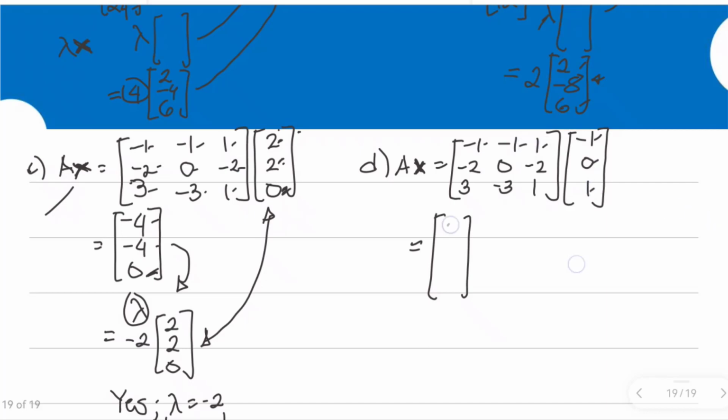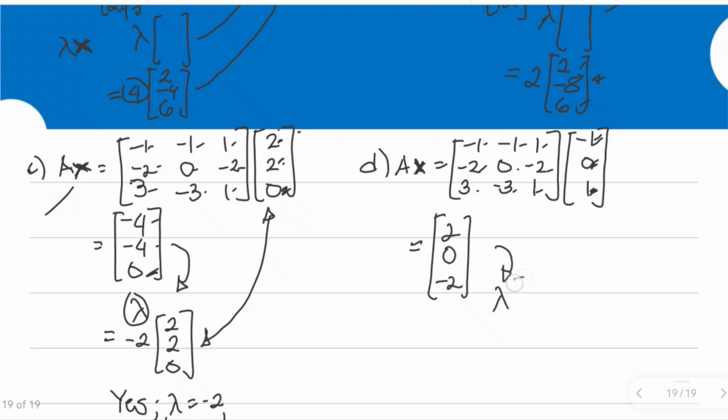So 1 plus 1, you will have 2. Next, you have negative 2 times negative 1 is positive 2. This is 0. This is negative 2. Positive 2, negative 2. Your second entry is 0. Next, 3 times negative 1 is negative 3. Negative 3 times 0 is 0. 1 times 1 is 1. So you have negative 3 and positive 1, you have negative 2 here.